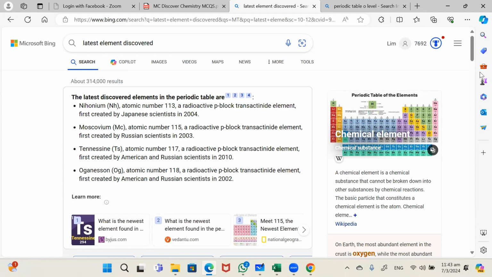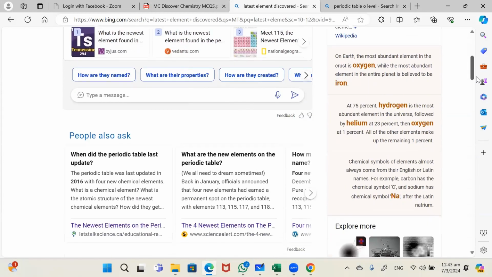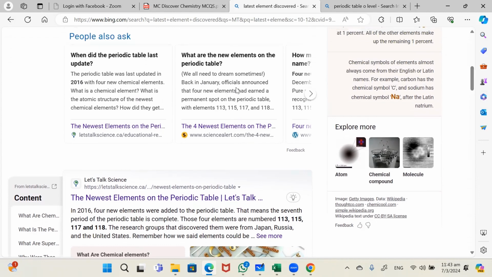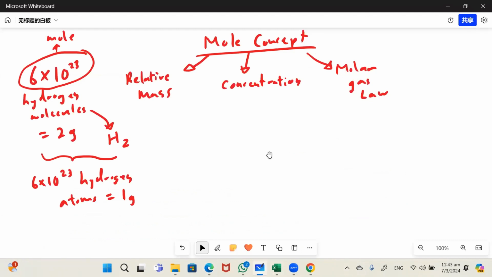I believe this is the latest one, but who knows, right? Oh, in 2014, 4 new elements were added. Interesting. But indeed, every now and then we discover new elements.